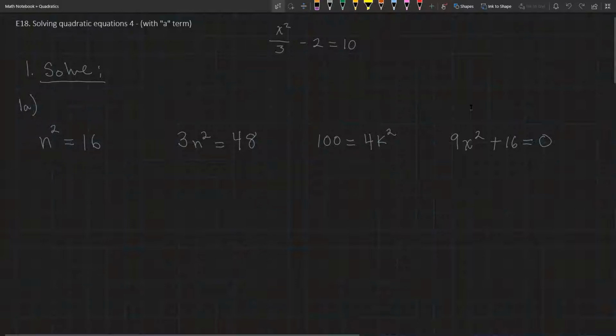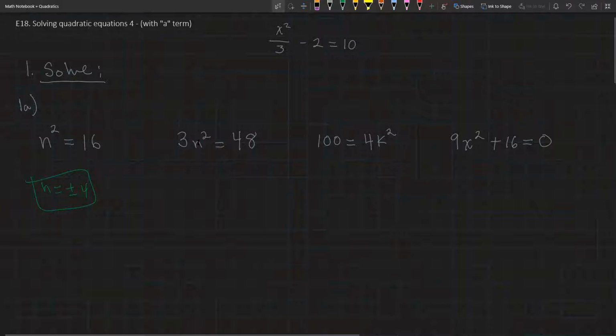So let's get started. How do we solve something like n squared equals 16? We said that n is either a positive or a negative 4. Hopefully you feel very comfortable solving those types of equations from the first or second video. Otherwise, go back. But look, here we don't have n squared. We have 3 times n squared.